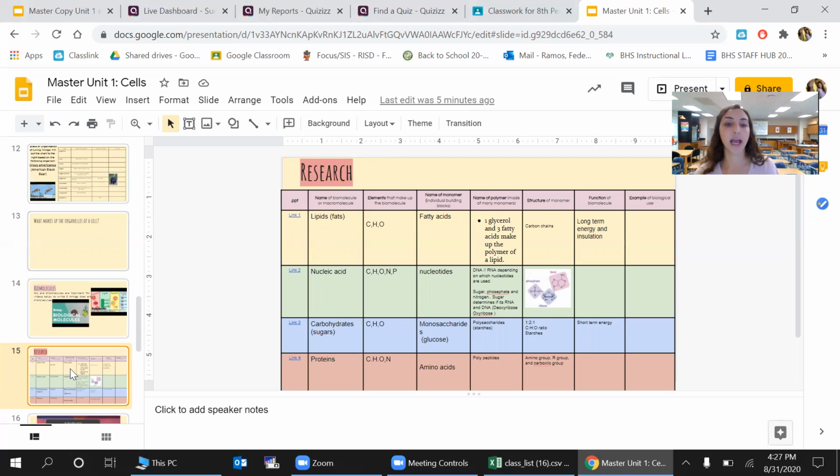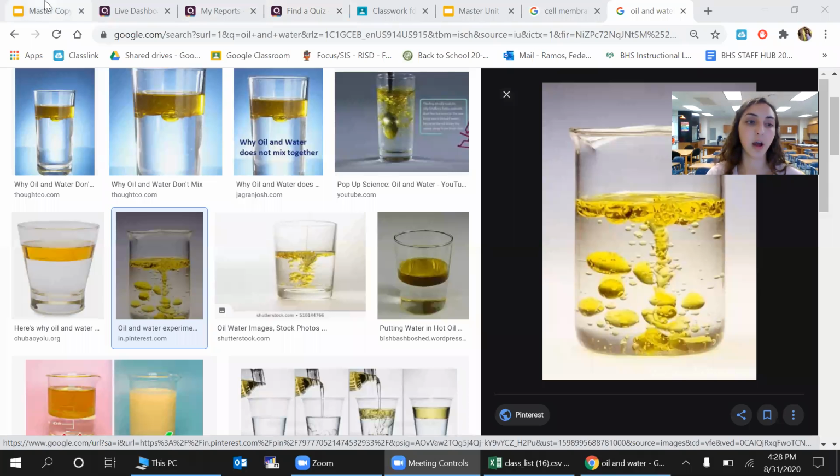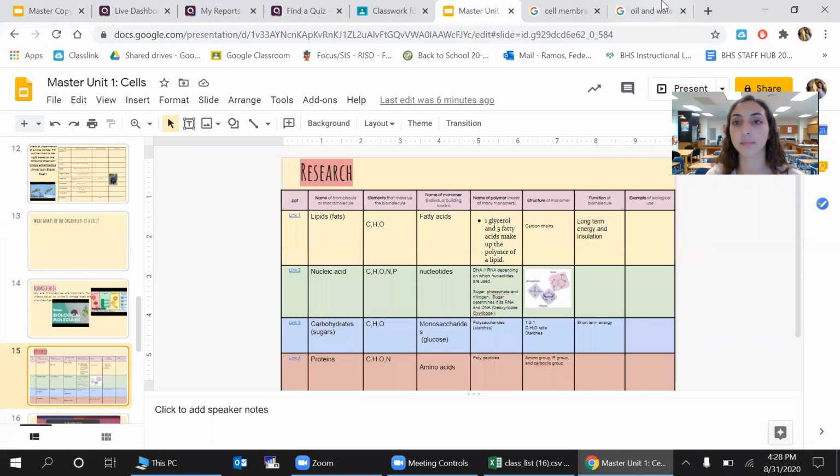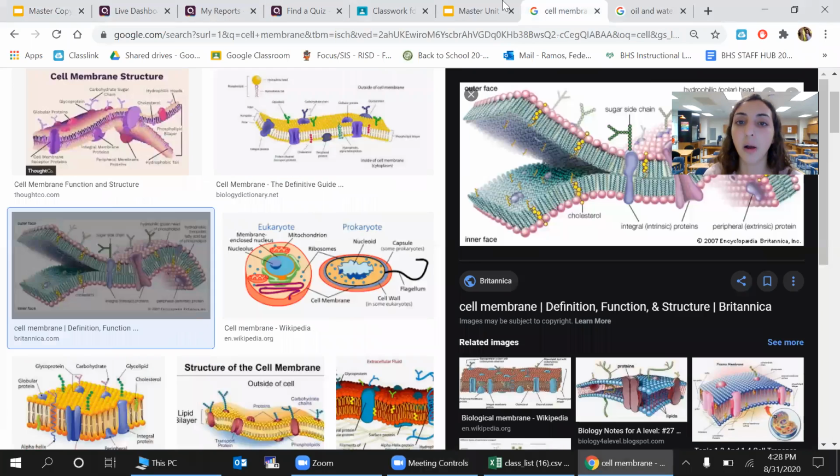You can see a fat within the cell membrane. It's used to protect against outside objects, in a sense. Sorry, I had a little hiccup. Where you will see fats and lipids is our cell membrane, and the cell membrane is made up of a bunch of triglycerides.